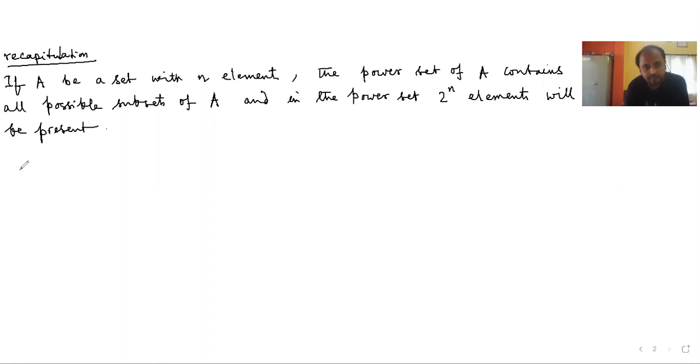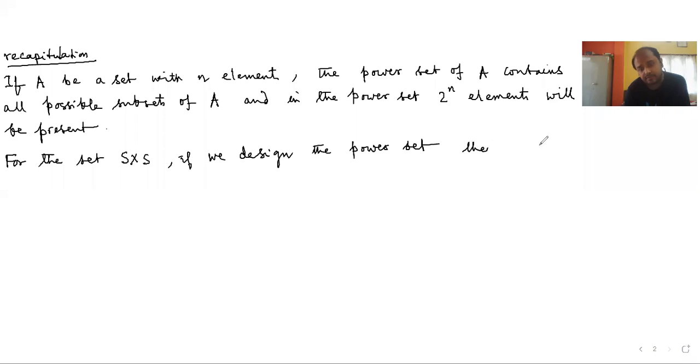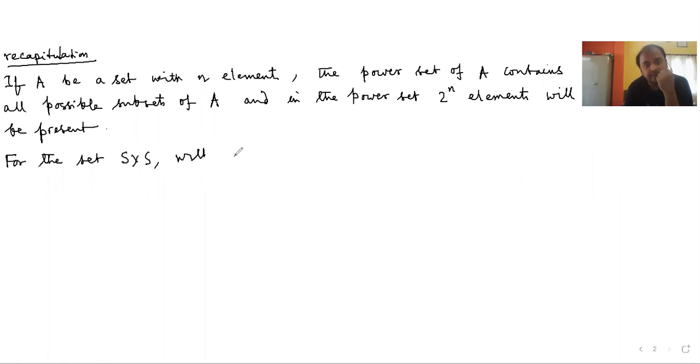Now for the set S cross S, if we design the power set, then the number of subsets, let me write it this way: for the set S cross S with n square minus n elements, 2 to the power n square minus n subsets can be formed.